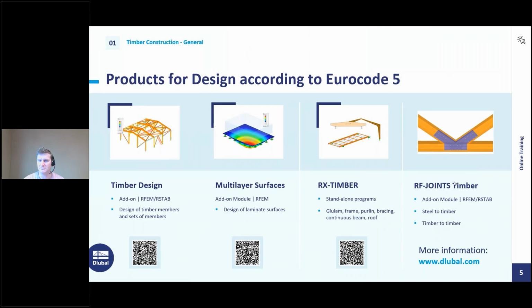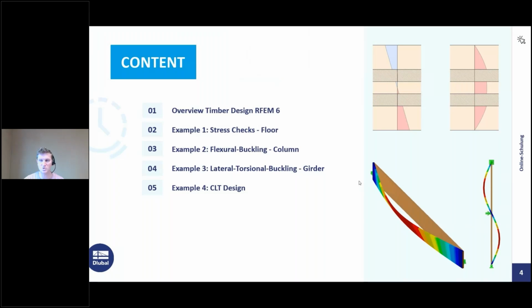And this dowel type connection with steel plates to timber beams is available in RFEM 5 only. We try to implement a new philosophy in RFEM 6, which is not available yet, but we are working on it. Okay, then we can switch over to RFEM 6 and start with our first example.